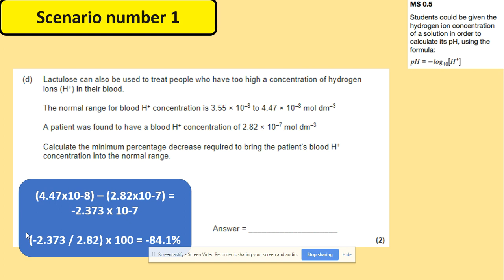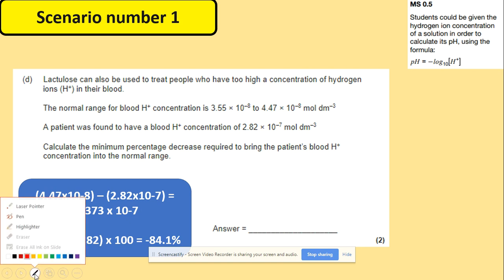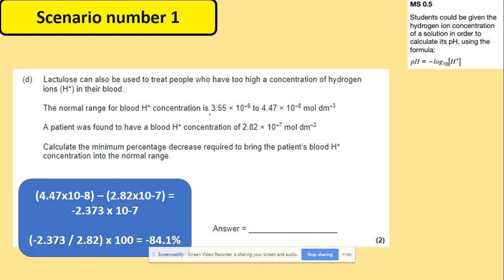And the normal range of blood hydrogen ion concentration is between 3.55 to 4.47 times 10 to minus 8 moles per decimeter cubed. But the patient was found with a concentration of 2.28 times 10 to minus 7.